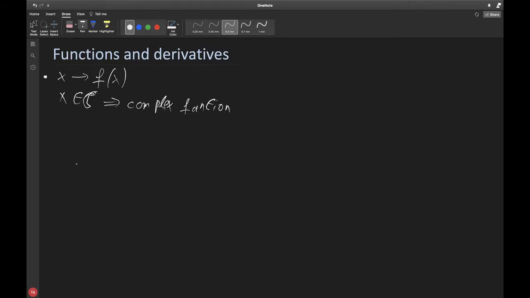So earlier we discussed that, in this case, I think we should just go with x to be a real number. So these are going to be the real functions. And that means that we have a real axis, and to that we map certain numbers.